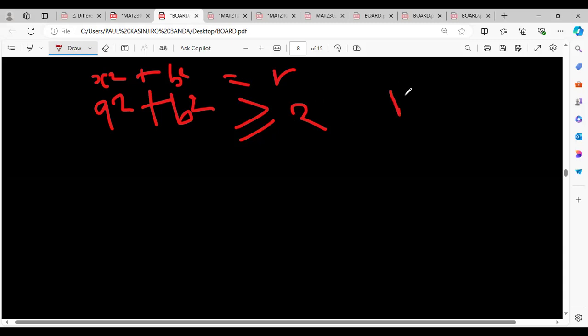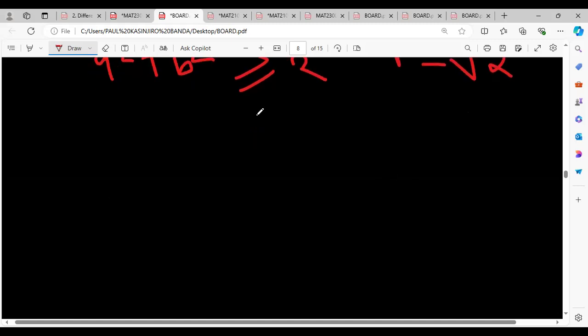So we can actually find the radius of this by saying the square root of the 2 that is there. So this square root of 2 will be our radius. And we see that this circle here is not shifted anywhere, because this a does not have a minus something or a plus something. So meaning its center is actually at the origin, and then it has a radius of square root of 2.